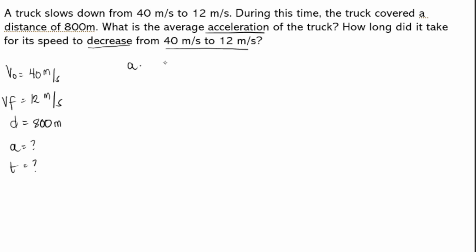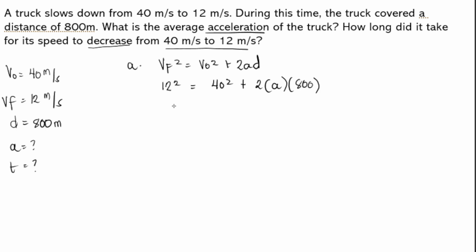We could use this equation, vf squared equals v naught squared plus 2ad. We are given a final velocity, so 12 squared equals 40 squared plus 2 times the acceleration over the distance of 800.